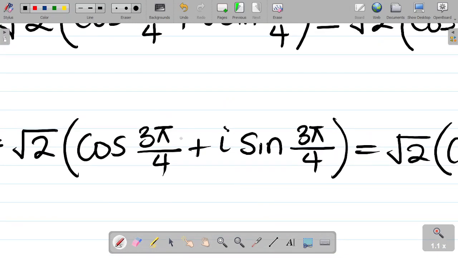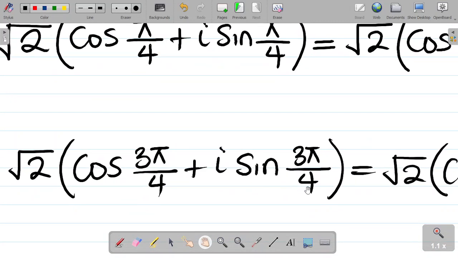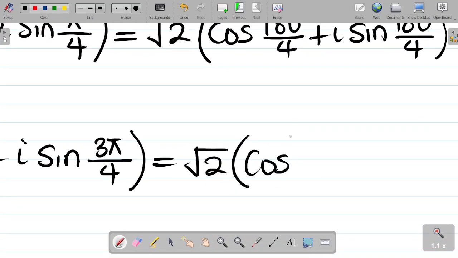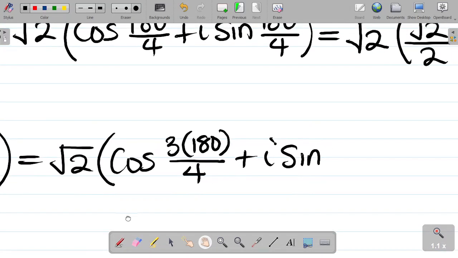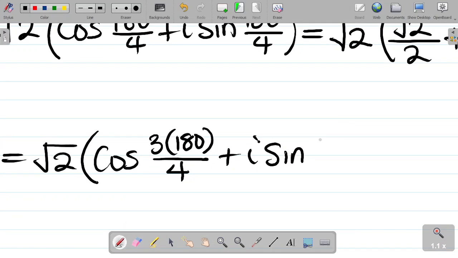So it becomes 3 times 180, so cos 3 times 180 all over 4. We have this plus I sine. Again, we said we have the same thing here, so don't stress. That becomes 3 times 180, close the bracket all over 4.